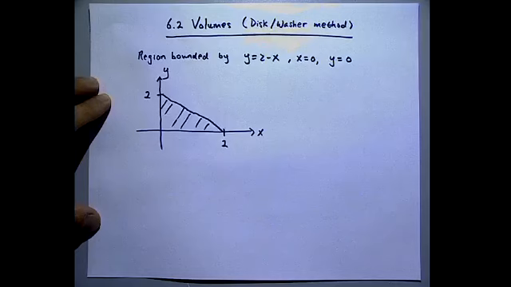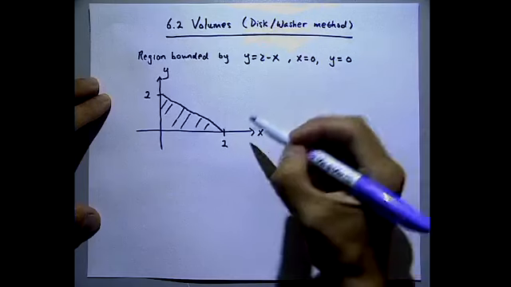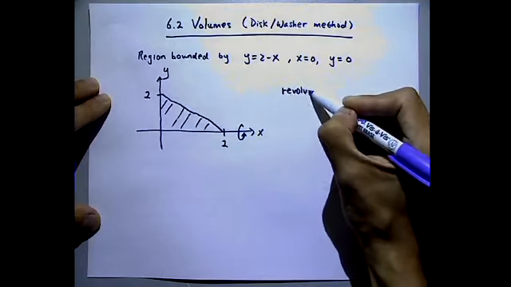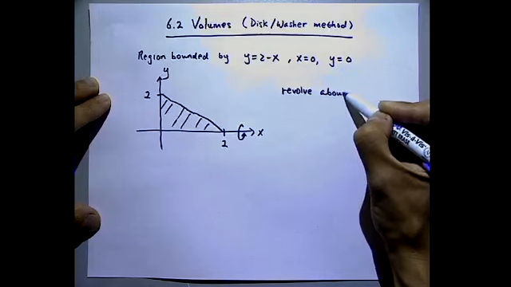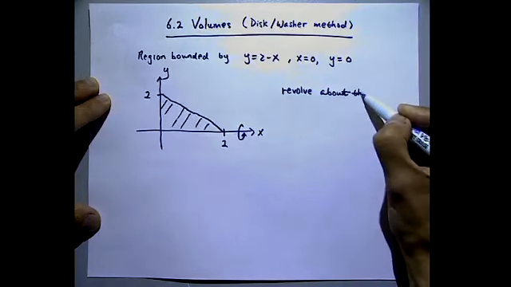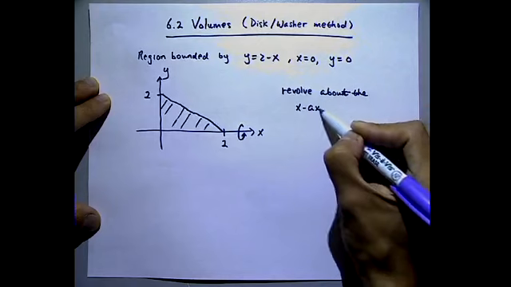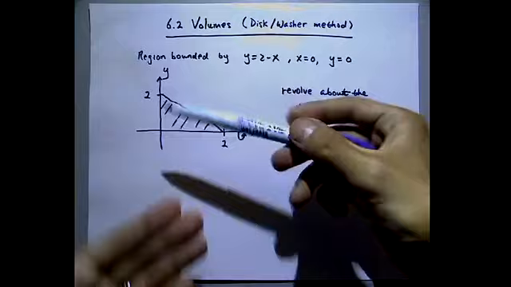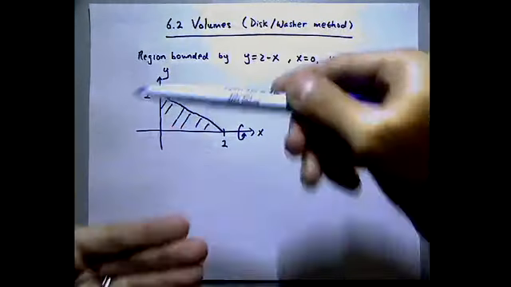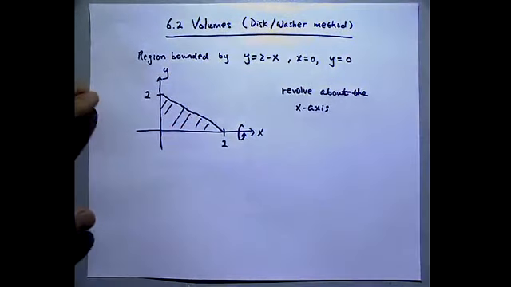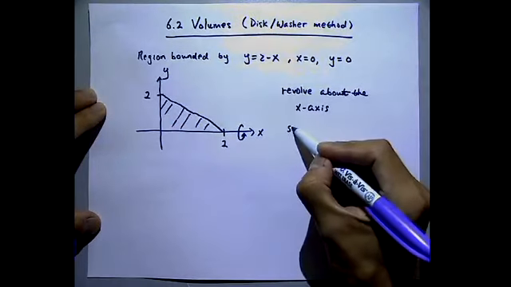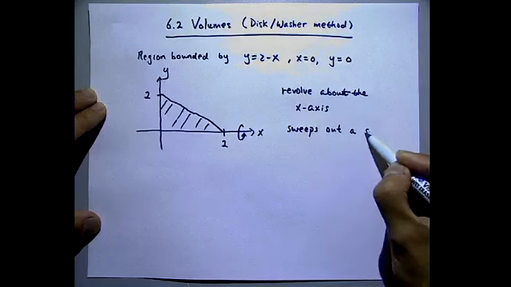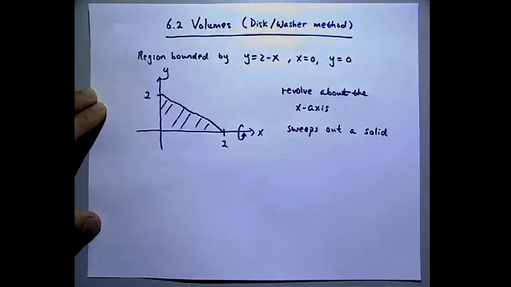Now what we're going to do is to revolve this region about the x-axis. You use the x-axis as a pivot, and you take this triangle, and then you rotate it all the way around the x-axis. And picture this in your mind.